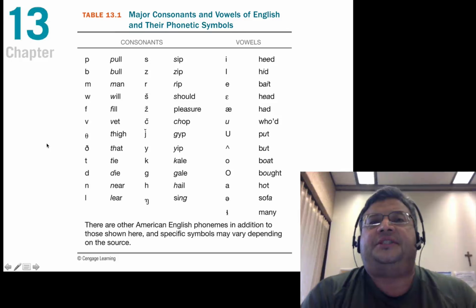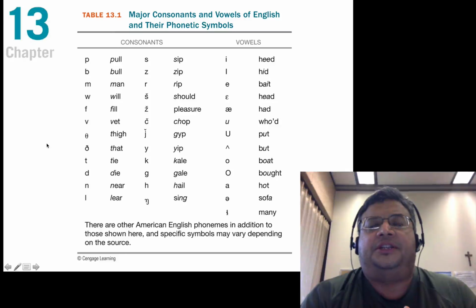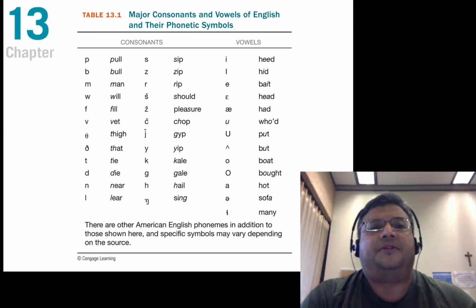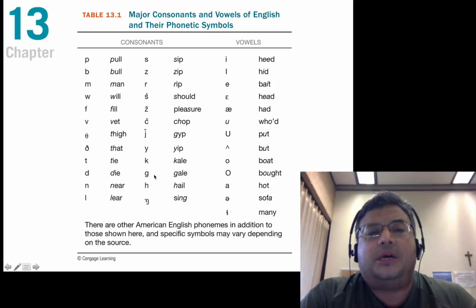These are the consonants and vowels of English and their symbols that are used, right? So, for example, this is the V, vet, and this is the phonetic symbol that's used to represent vet. Let's see.